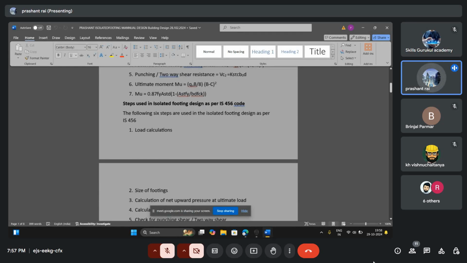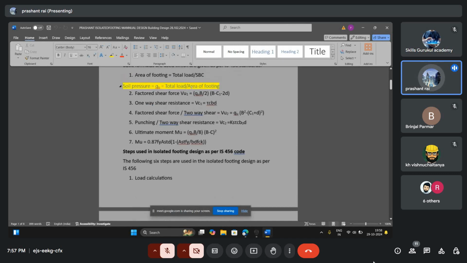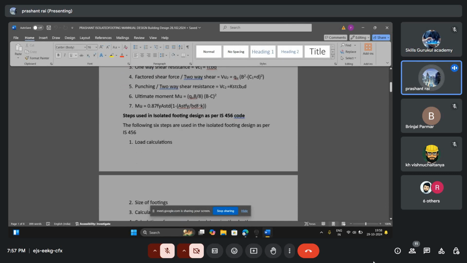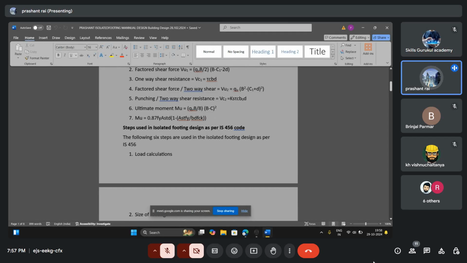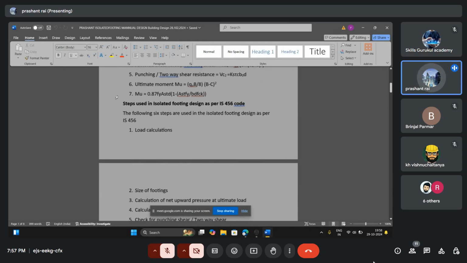Sixth is the ultimate moment, Mu is QU, the soil pressure, times B divided by 8, where B is the breadth and C is the column size, squared. And seventh is the formula for calculating the steel.